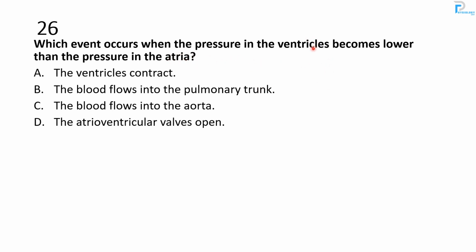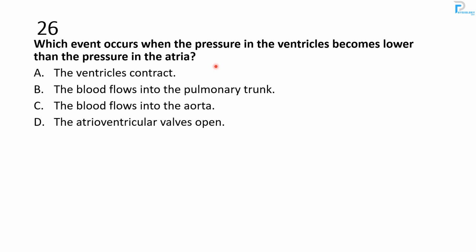So that means there will be ventricular filling, meaning the ventricle will relax. So what happens during that phase? Will the ventricle contract? That is wrong because the pressure in the ventricle is even lower than atrial pressure, meaning that it is going into relaxation, not contraction.